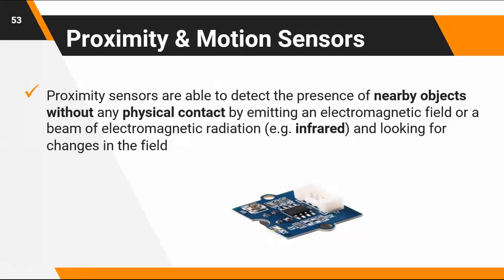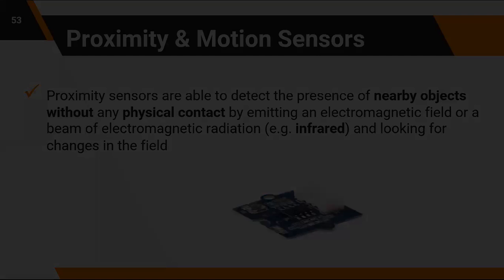We fix a range so that even if it is a fly or a small dust, it will automatically be captured using infrared rays. So this type of sensor uses infrared rays. Even a fly's movement can be recorded. That's what I meant. This is the importance of proximity and motion sensors.